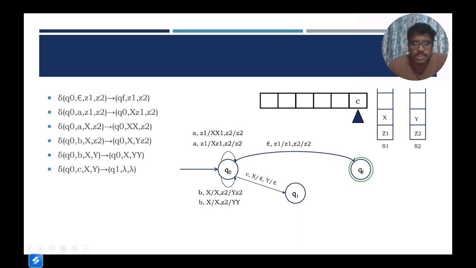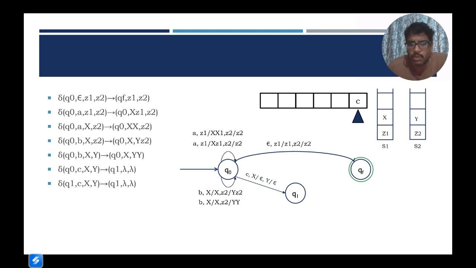We are at the state q1, so q1 comma reading c, the top of the first stack is x and the top of the second stack is y, so x comma y. Now reading the second c, again we pop the top of the stacks x and y.